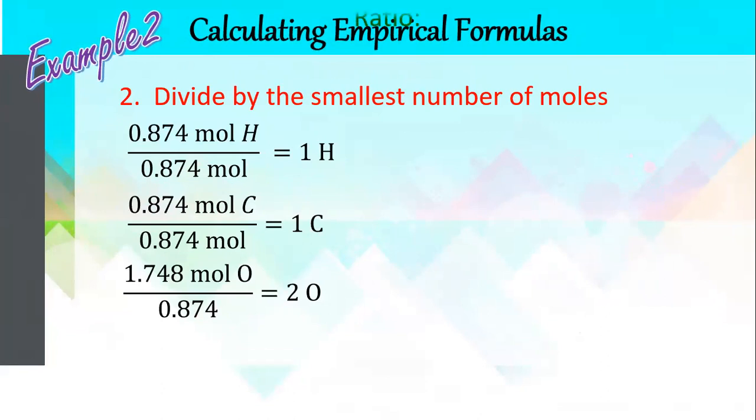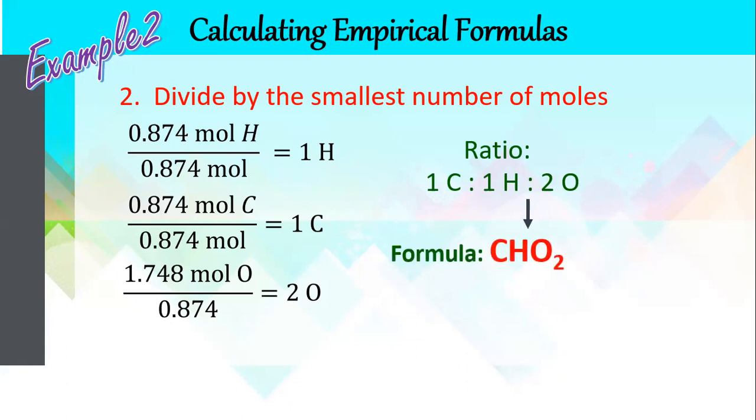So it gives us a ratio of 1 carbon to 1 hydrogen to 2 oxygen. The formula is CHO2. Step 3 is not necessary since we already have the whole number ratio. So this is your empirical formula.